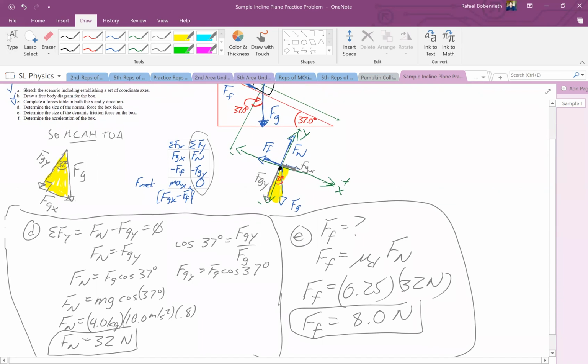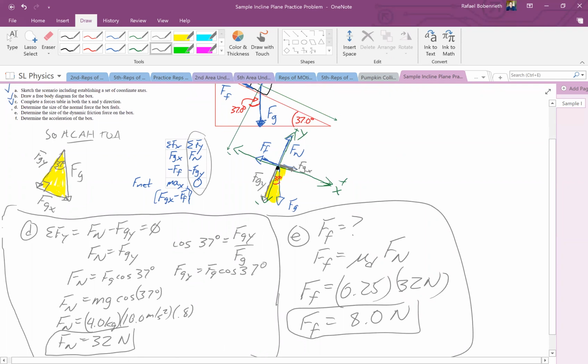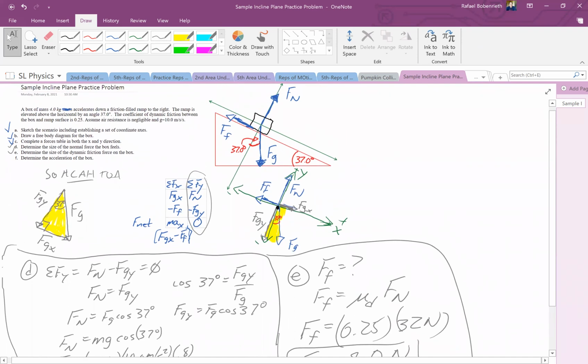Okay, so we've got part E done now as well. Finally, part F, determine the acceleration of the box. Okay, this one can be tricky. By the way, let's go back up to the free body diagram. I suspect there are at least a few of you out there who said something like, hey, wait a second, Mr. Bob, shouldn't there be a force down the ramp that's pushing it down, that's causing it to accelerate down?